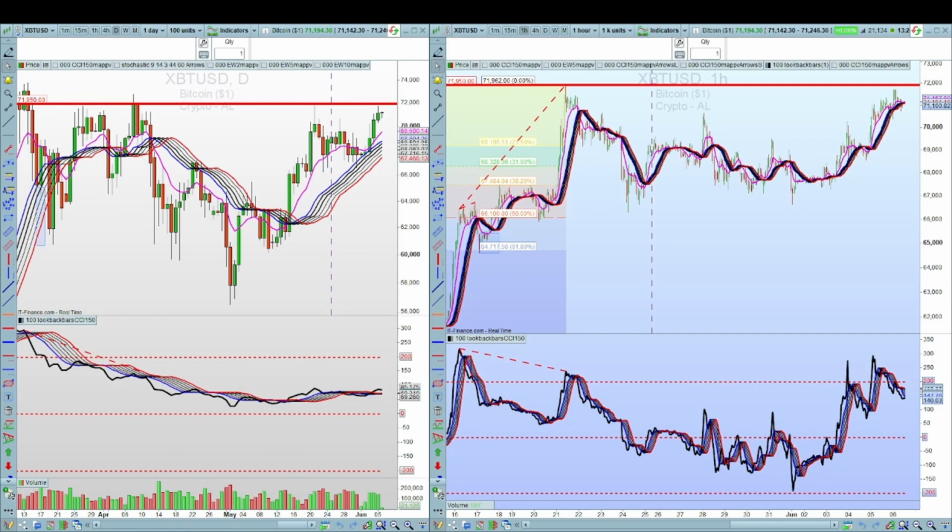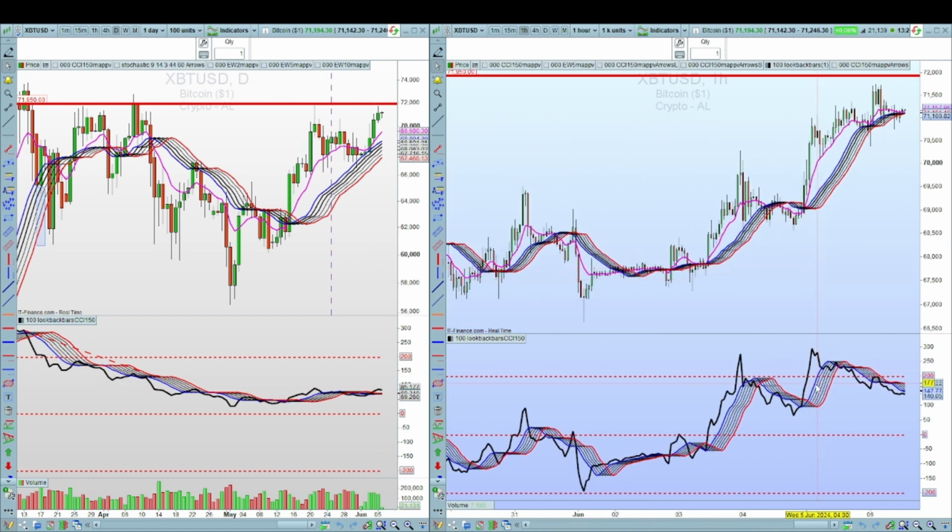If I jump to the hourly chart, again going long only, you would have taken a long trade. Let's put on the long indicators there. So going back to this point back here, that was about where that started on the daily. On the hourly time frame, you would have taken a long position there. You closed it out there, gained 563. Would have entered another long position there, and you probably would have closed it out already.